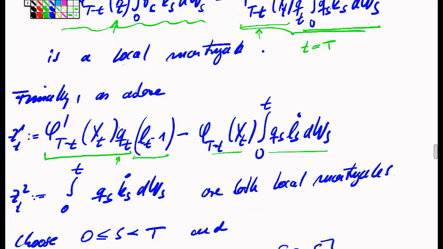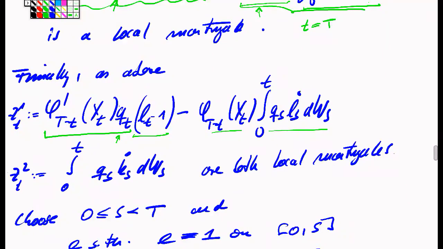This is a computation that we did already in the lecture for the first order Bismut derivative formula. That's good for any control function L, and if we shift L by a constant, that does not play any role for the local martingale property.